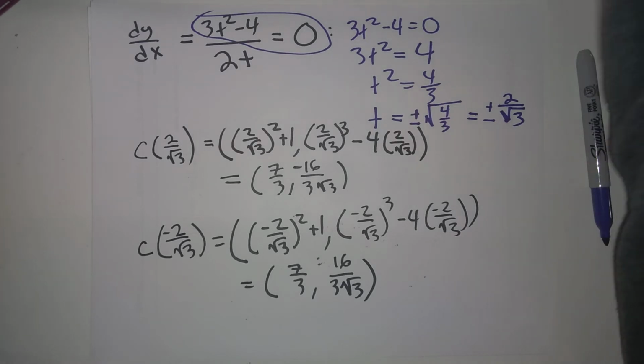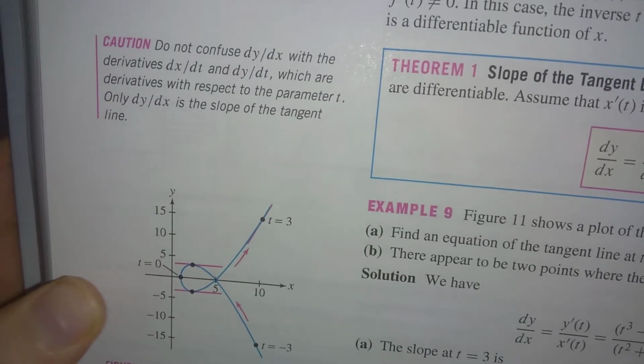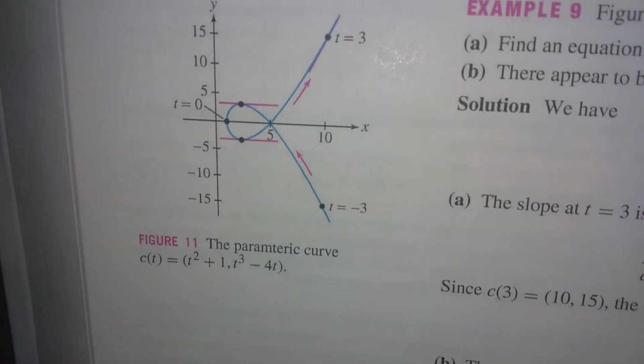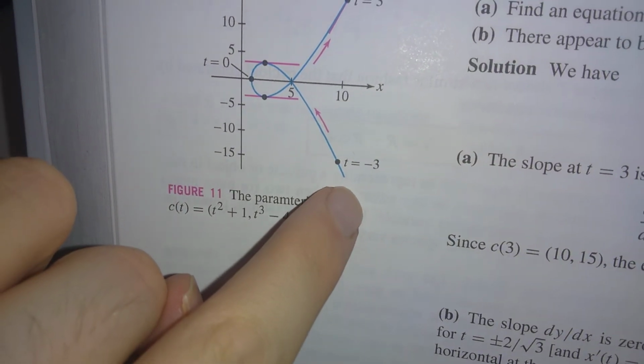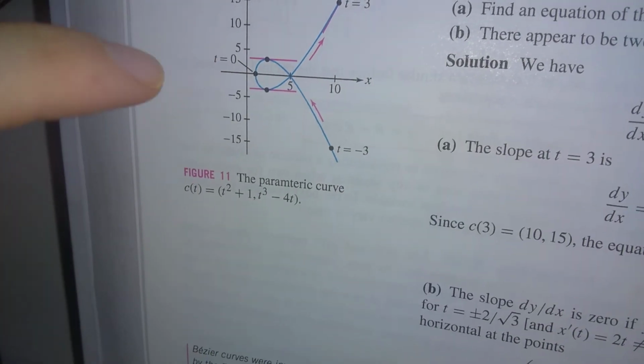Okay, this problem I actually stole straight from the textbook, so let me just show off here the picture that they have here. So as t is increasing, we go up here around the loop and back up this way.